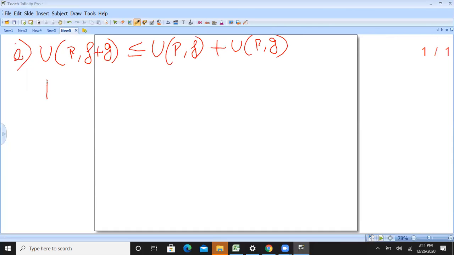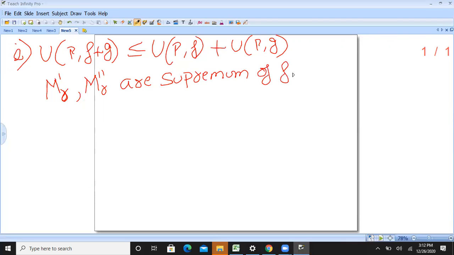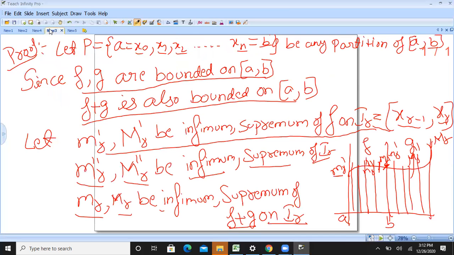For U we take capital M R dash and capital M R double dash. These two are suprema, and we take the supremum of f plus g on the IR line. We consider the whole term f plus g.